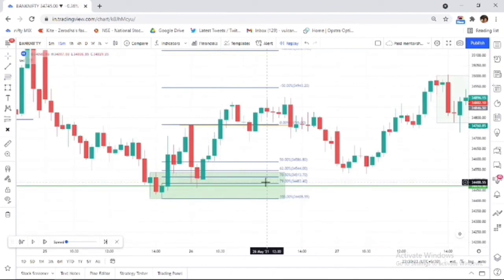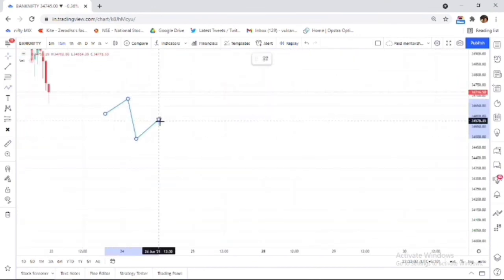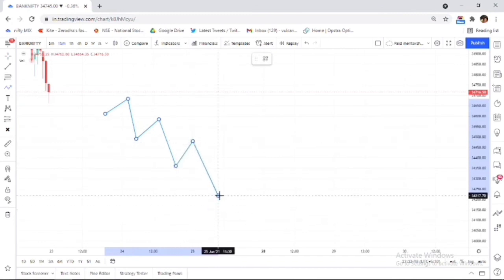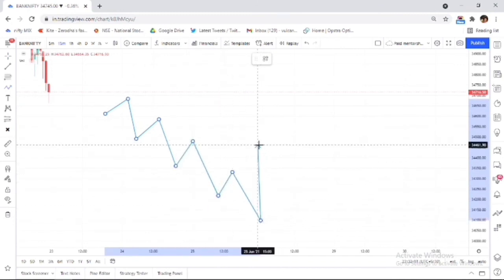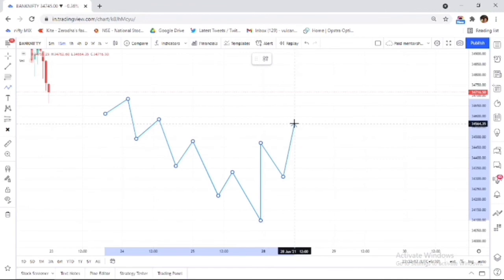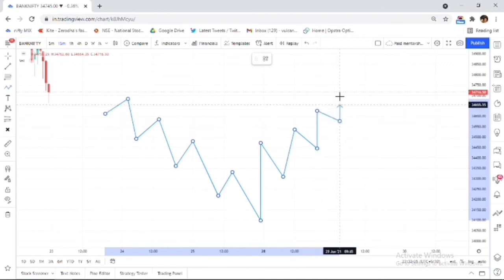See, I can do this same thing with the Fibonacci tool. Fibonacci is also the same thing. But now try to understand the day zero concept. Just assume the market was making lower lows and lower highs, but suddenly a break of structure happens and it starts making higher highs and higher lows.